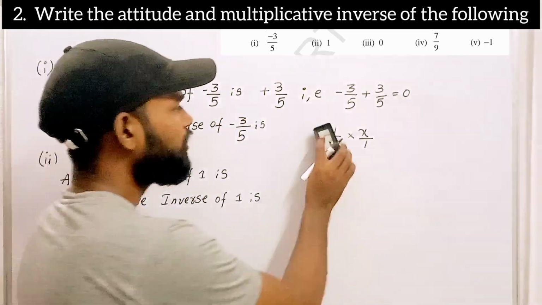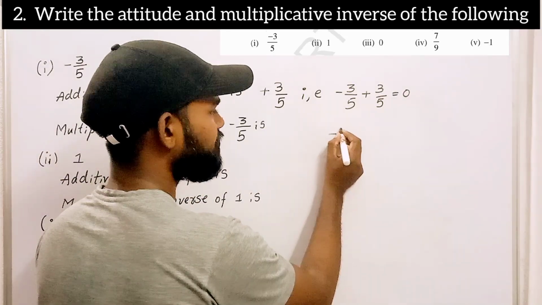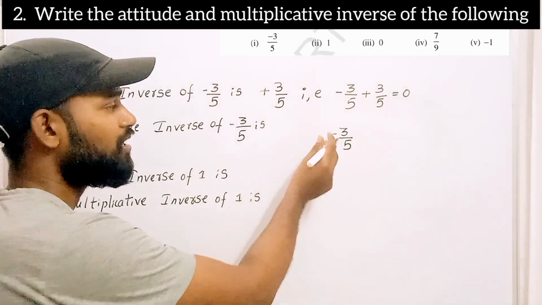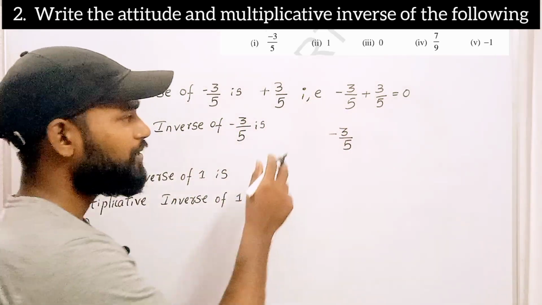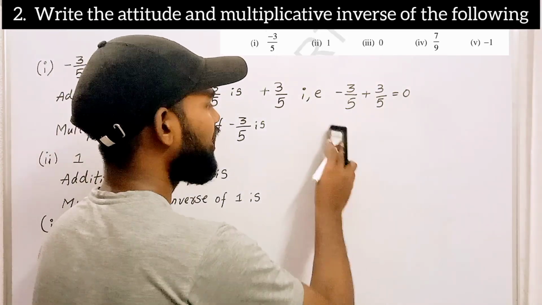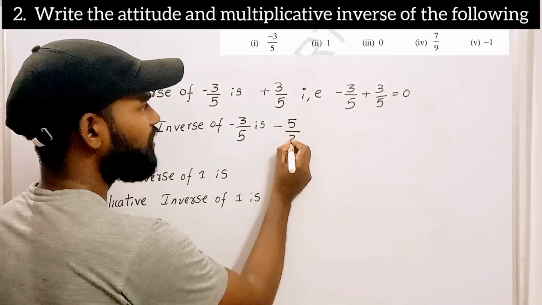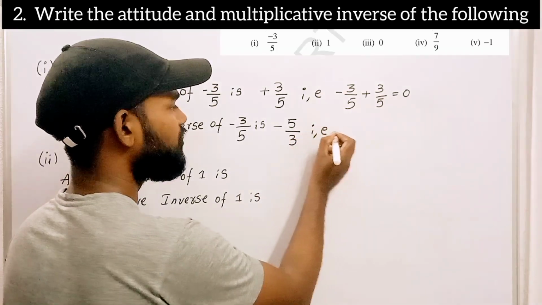Okay. So in the same manner here, minus 3 by 5 is there. What is the multiplicative inverse of minus 3 by 5? The multiplicative inverse of minus 3 by 5 is minus 5 by 3. Shall we check here whether our product is 1 or not?